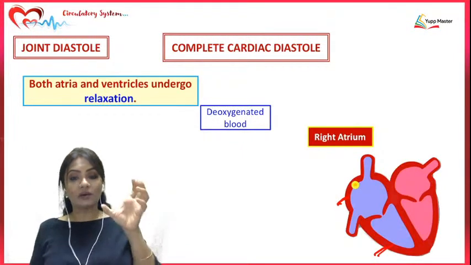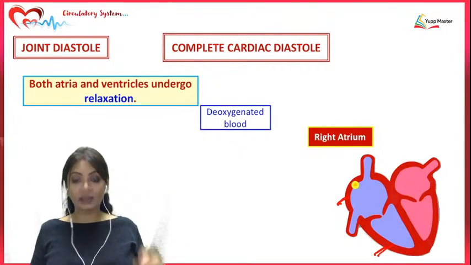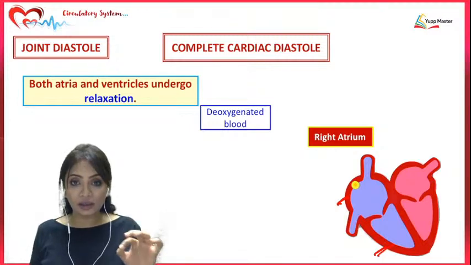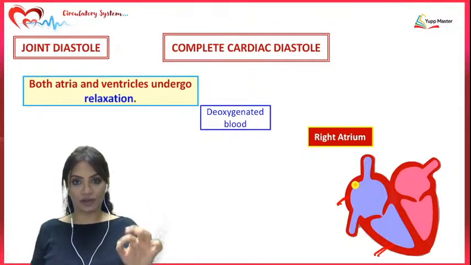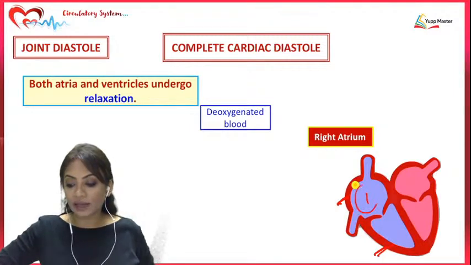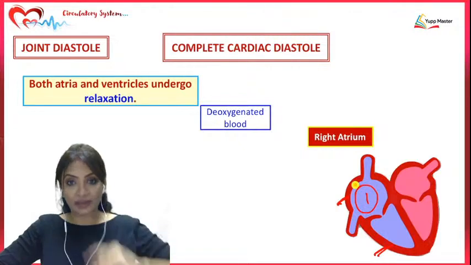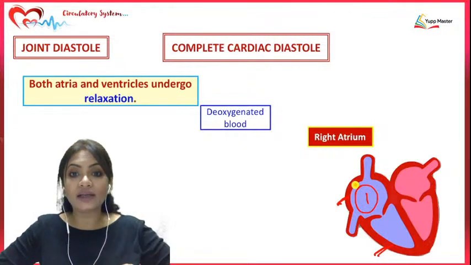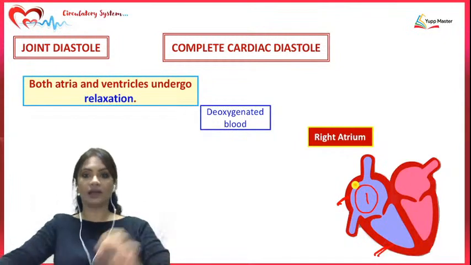When the blood is entering into the heart, which chambers does it enter into? It enters into the atria. Let's first talk about the right atrium. Which blood enters the right atrium, and how?